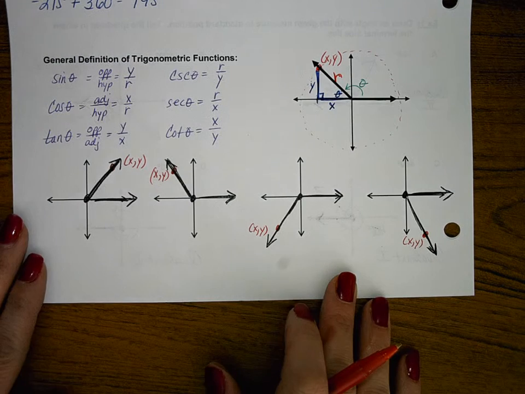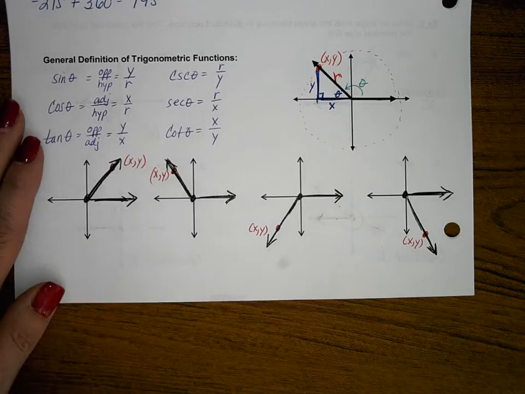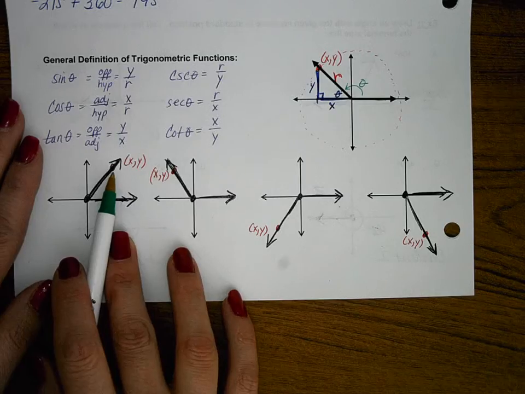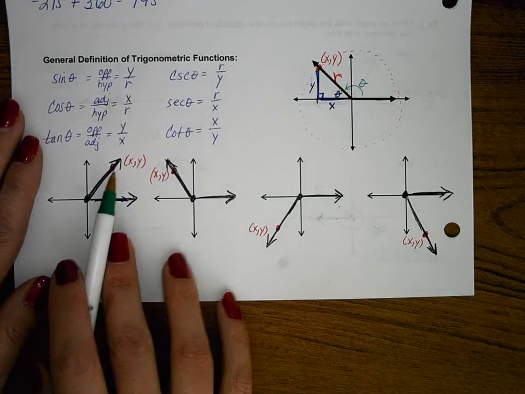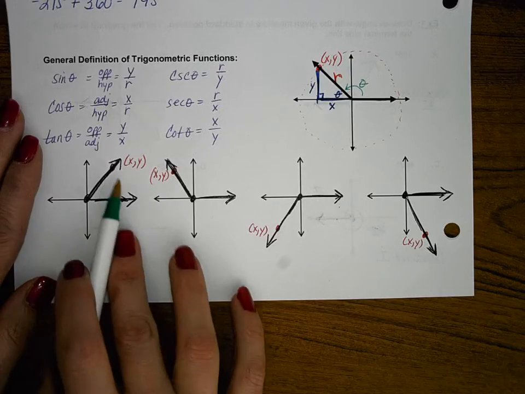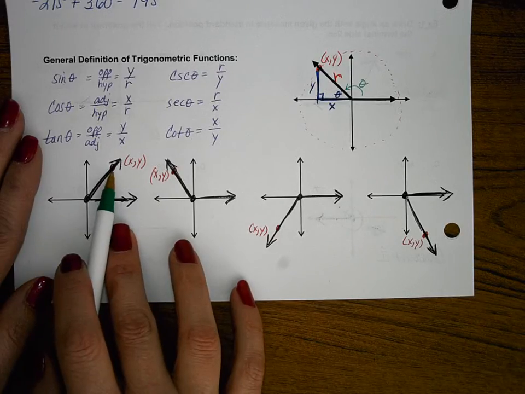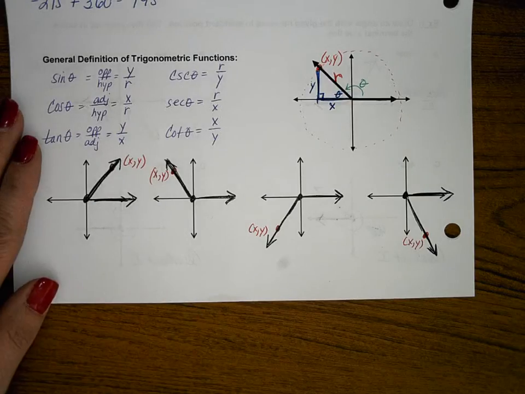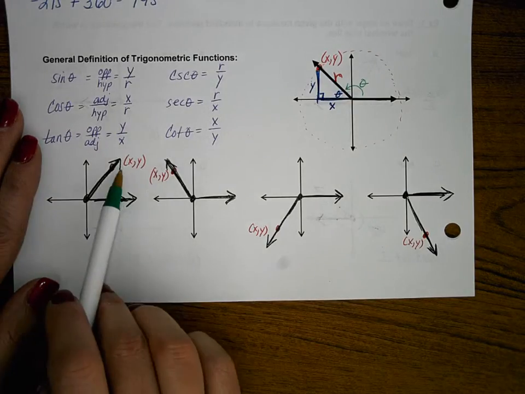Okay, now, backing up. How do I get to this point xy? How do I graph that point? If I were going to graph that point, let's say, 5, 7. How do I get there?